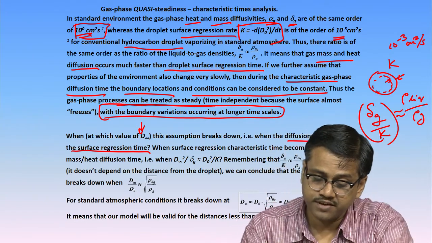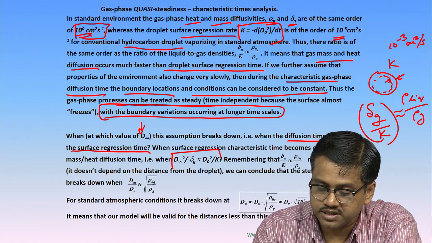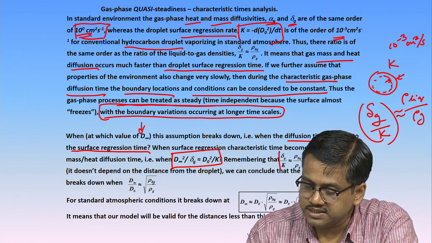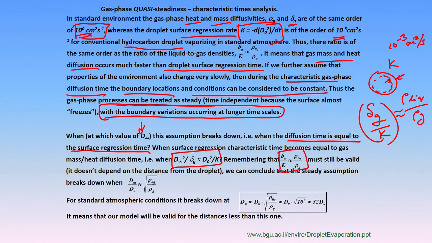So, that is given by, if you just equate the two, and remembering that this is still given as a ratio of the two liquids. So, what happens is that your d infinity by d naught is given by the square root of this. So, therefore, if you calculate d infinity, it becomes 32 d. So, that means 32 diameters apart. If you consider a location, that is where the two time scales match.